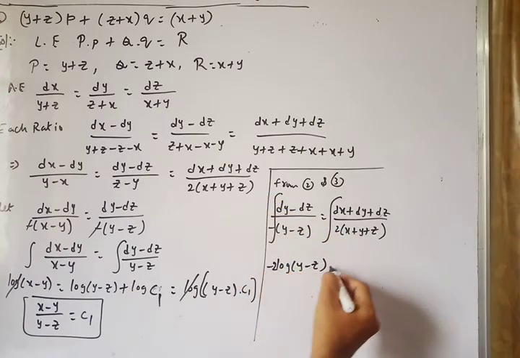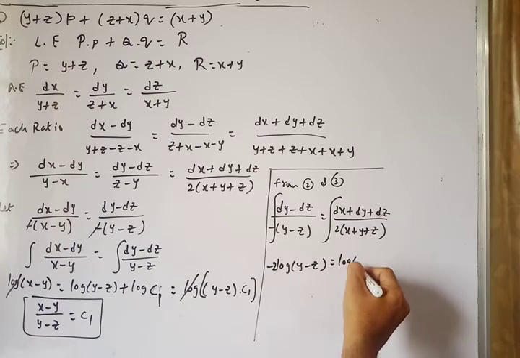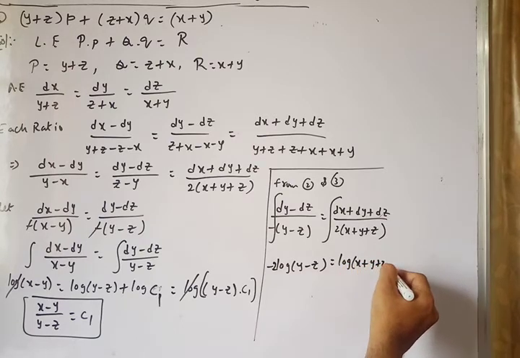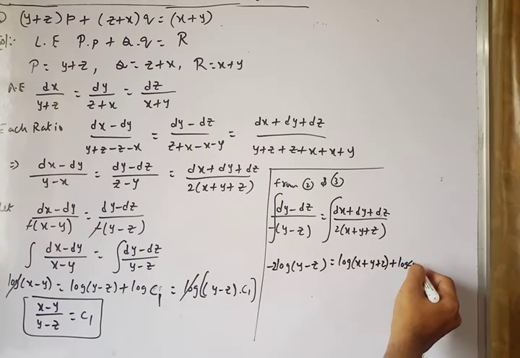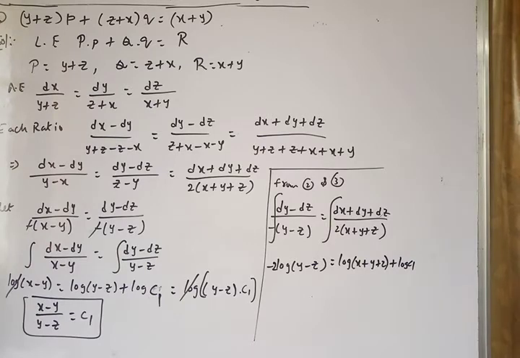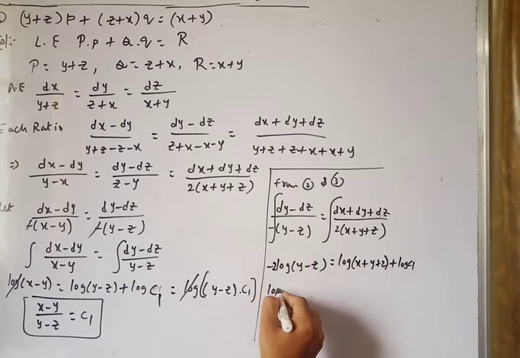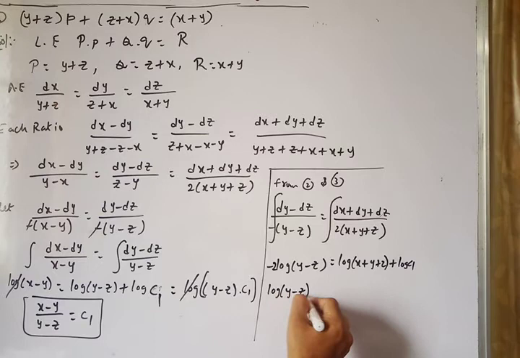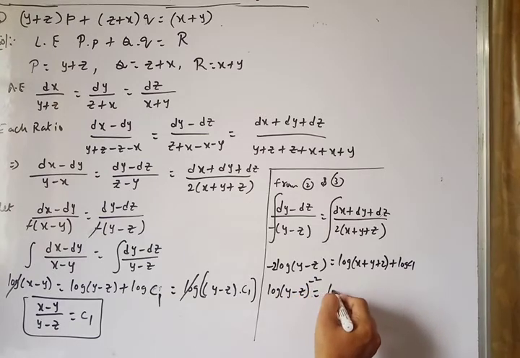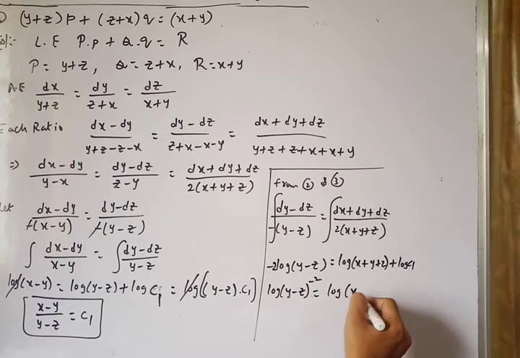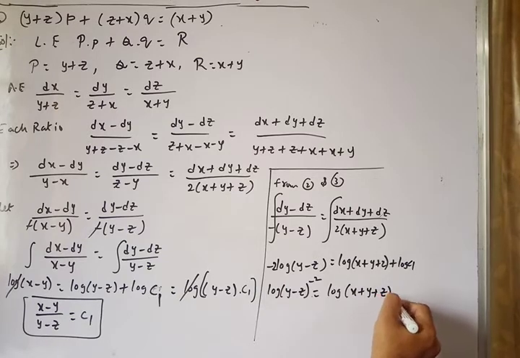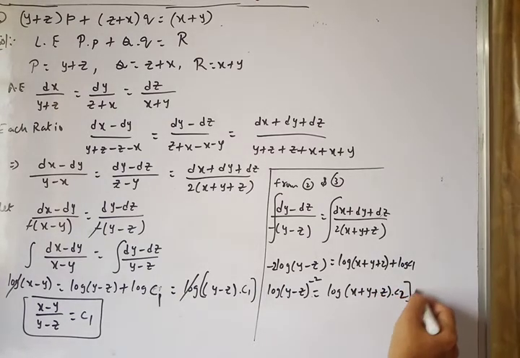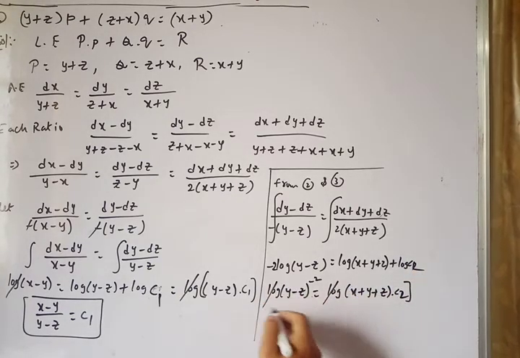So 2 will come here, is equal to log of x plus y plus z plus log c1, correct? This minus 2 will go up, log of y minus z whole power minus 2 is equal to log a plus log b, log ab, x plus y plus z into c2. So log and log got cancelled.